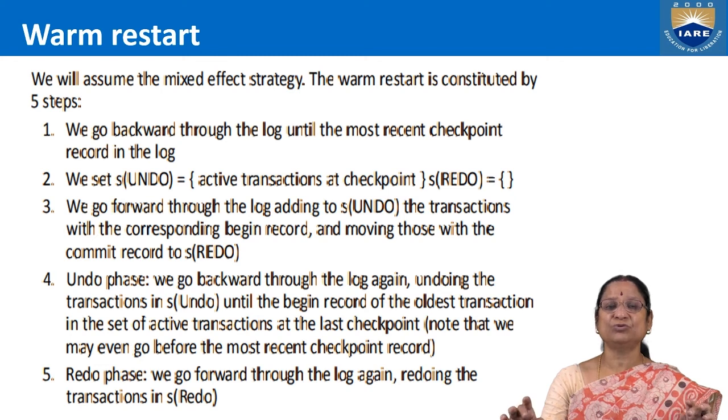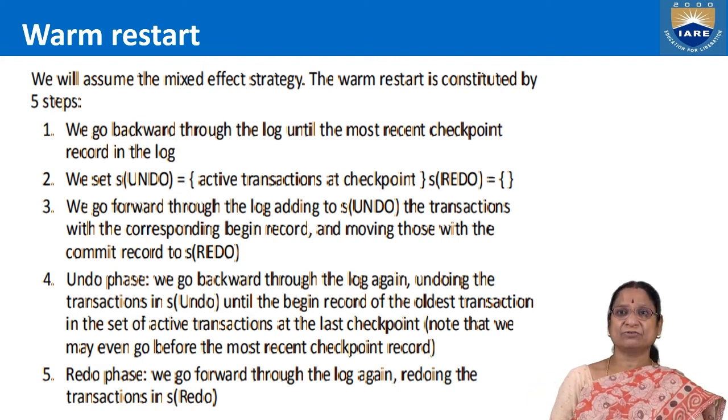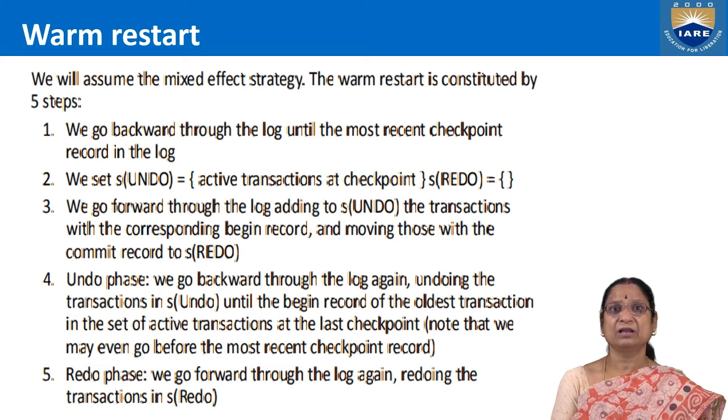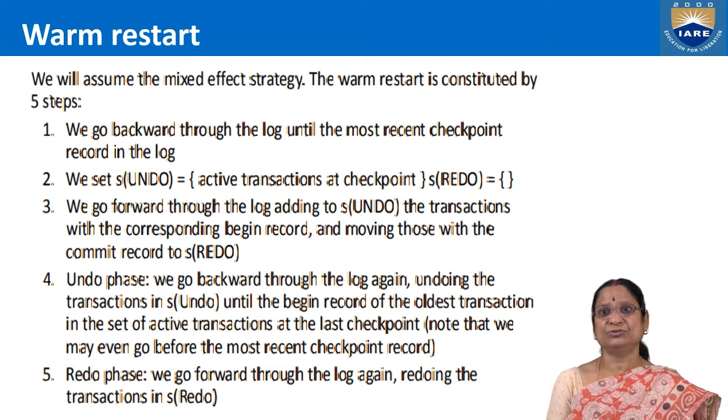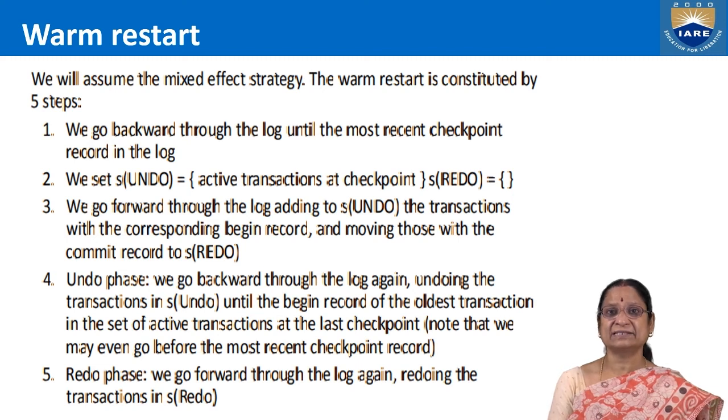First we go through that. Whichever transactions have both begin and commit are in the redo list, and begin and abort are also in the redo list. Those having only start, without either abort or commit, are in the undo list. In the undo phase, we go backward through the log again and undo the transactions.